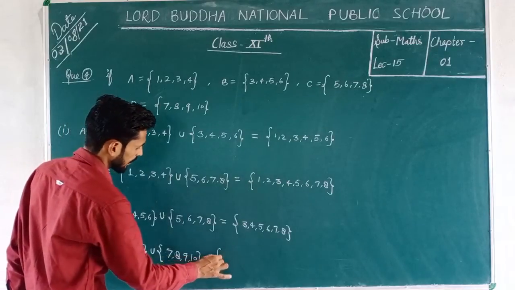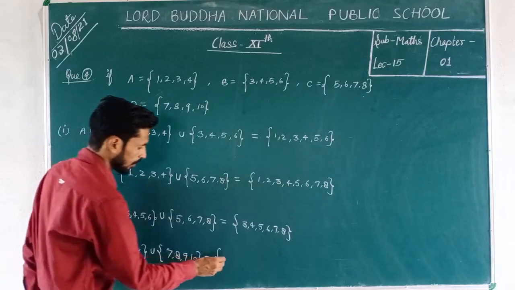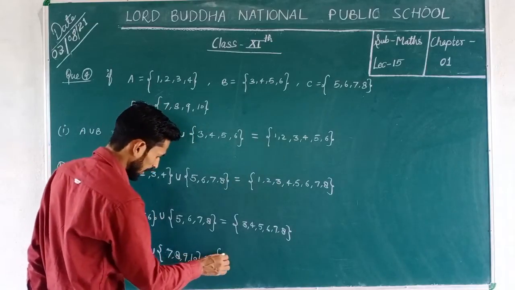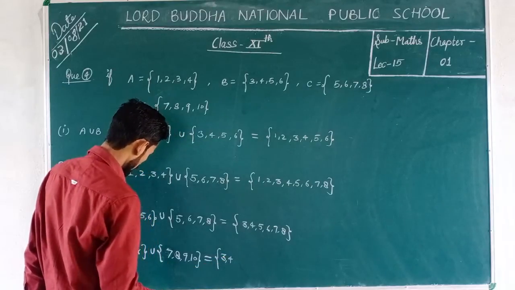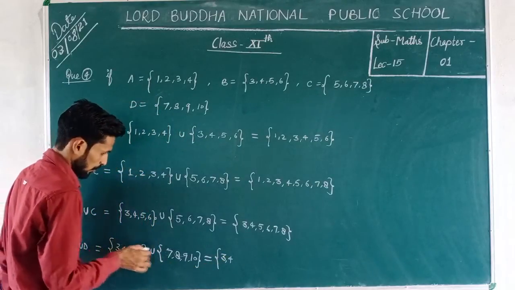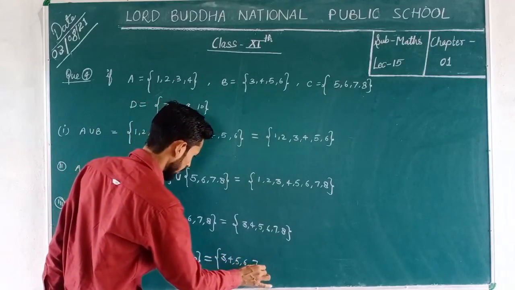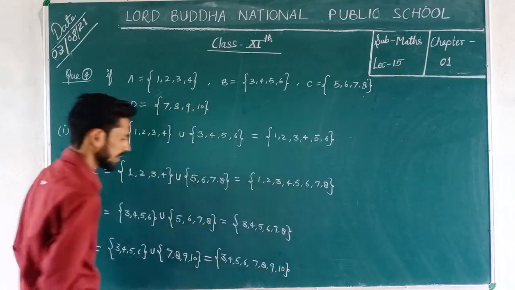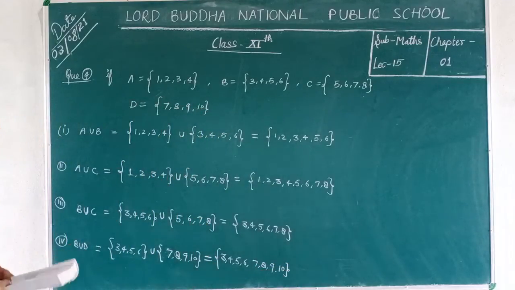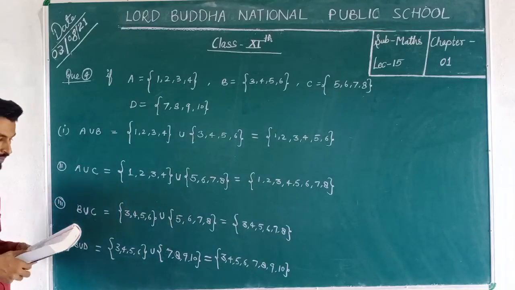So the answer here is 3, 4, 5, 6, 7, 8, 9 and 10. There are no common elements, so we don't need to worry about repetition. This is the answer for this part. Okay, this is the solution of parts first, second, third and fourth.